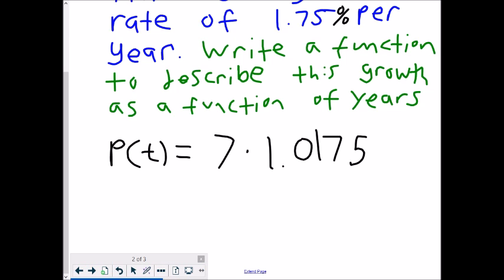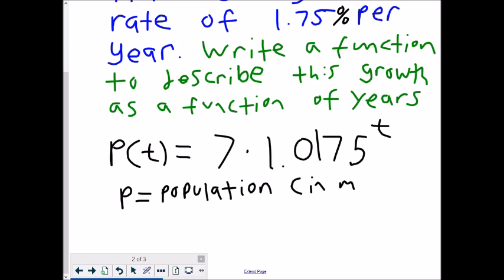And then T. P equals population in millions.